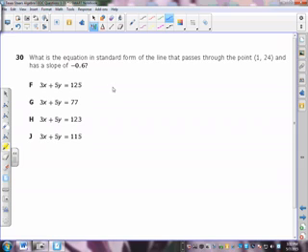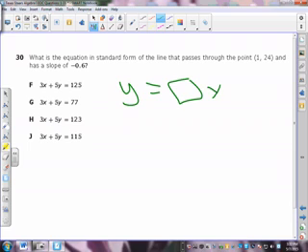Okay, number 30. What is the equation, the standard form of a line that passes through this point and has that slope? They want us to find the equation of the line. We are looking for y equal to mx plus b. They just told us that m was -0.6. The next thing we need to do is find b. Well, they give us an x and a y value.